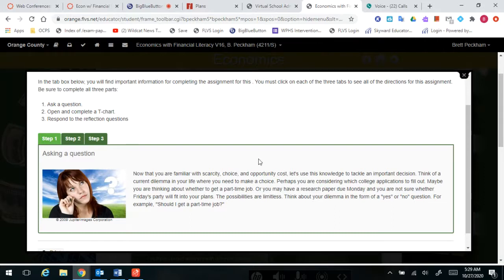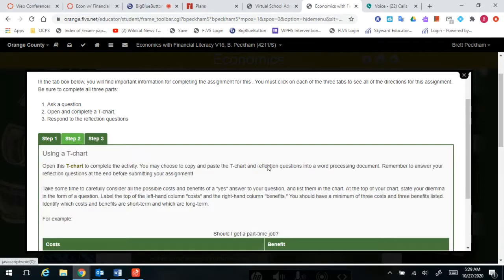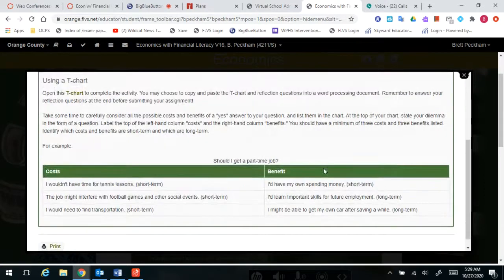So in 1.03, you're going to create a little T-chart here, and you're going to compare the differences between the costs and the benefits of any sort of decision that you're trying to make. The decision could be, what college do you go to? Should you get a part-time job? Should you buy some jeans or a shirt or go out to a concert or whatever it is?